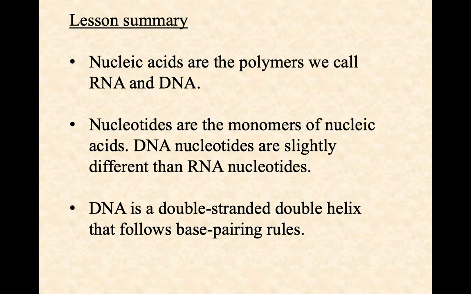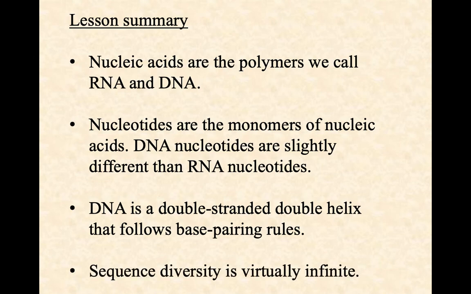DNA forms a double-stranded double helix where the two strands are in reverse complementary orientation. Reverse meaning the 5' 3' ends are in opposite orientation. Complementary meaning that it's following base pairing rules. A's and T's are always paired off with one another through hydrogen bonds, and G's and C's are always paired off with one another through hydrogen bonds.